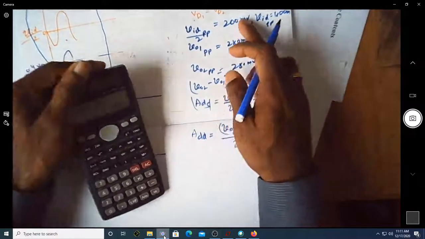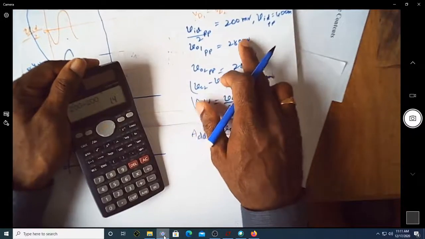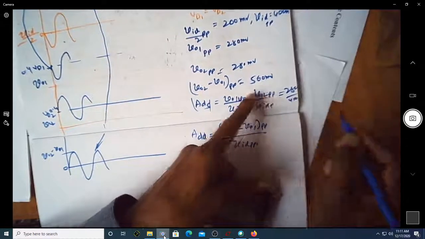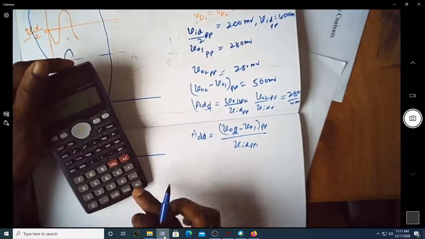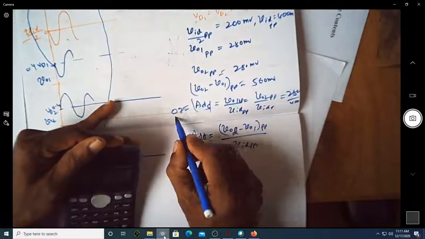Sorry, it's actually not 200, it's 400. So it is 280 by 400, which is 0.7. The expected gain is also 0.7.